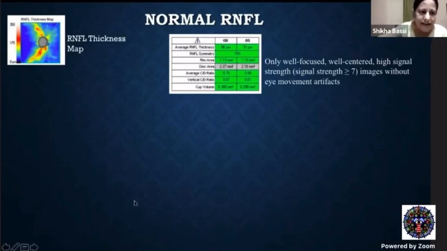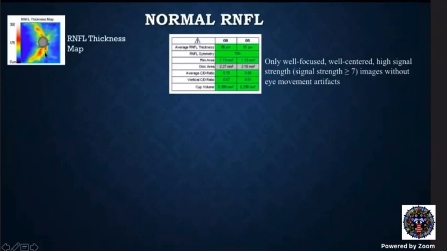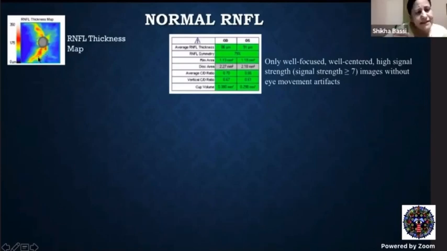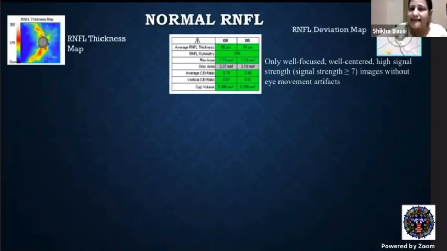The red and yellow that you're seeing in the dumbbell shape here, these areas are seen in normal eyes. It is a representation of normal RNFL distribution. The next thing that we see is the RNFL deviation map, where the RNFL thickness is compared with the normative data.